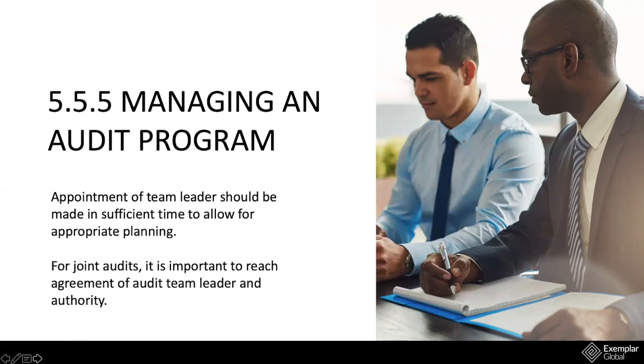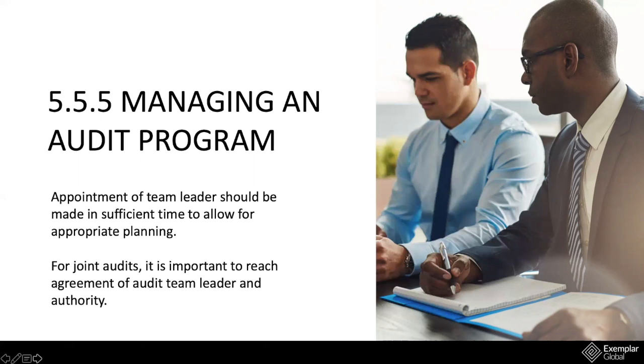The other thing to remember in terms of the assignment of those audits is that if you have a joint audit, and again, I refer you back to your terms and definitions, it's important for you to know what a joint audit is. It is one in which two audits are combined that are being conducted by two different agencies.